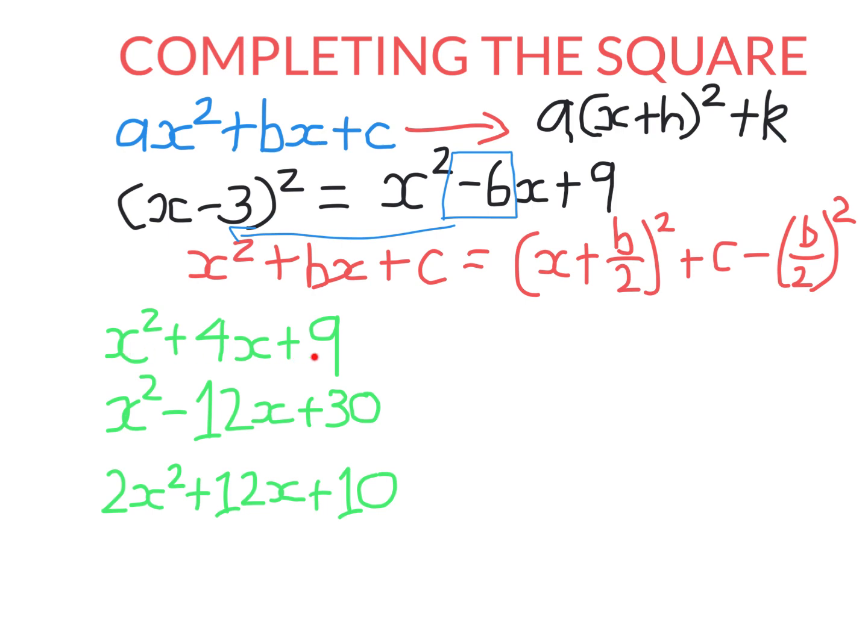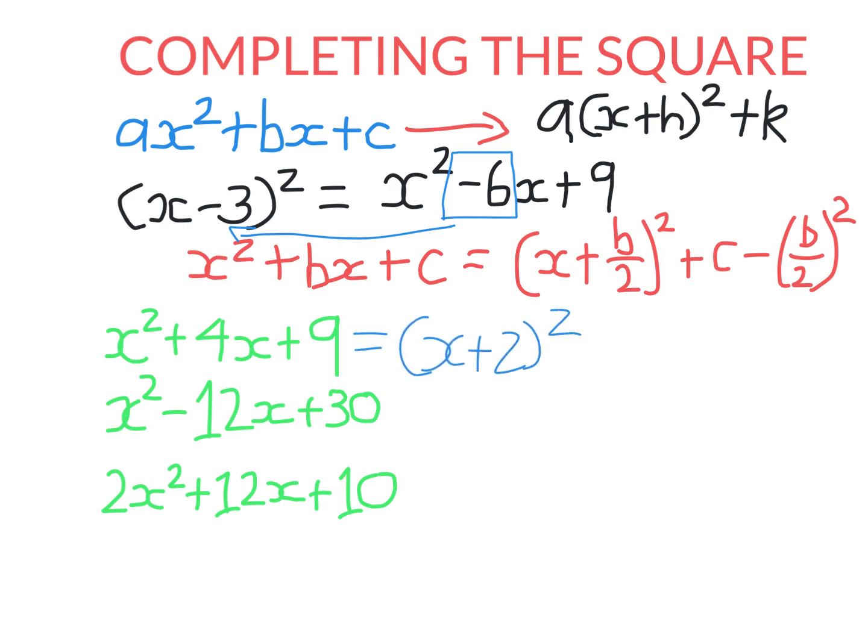So let's say we have x squared plus 4x plus 9. If I wanted to graph the parabola y equals x squared plus 4x plus 9, we don't know how to do it. What we're going to do is write that so it looks like this, and then in subsequent lessons we will be able to graph it. So this will be x plus 2 squared.